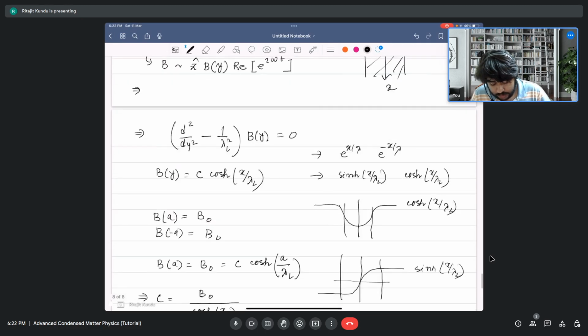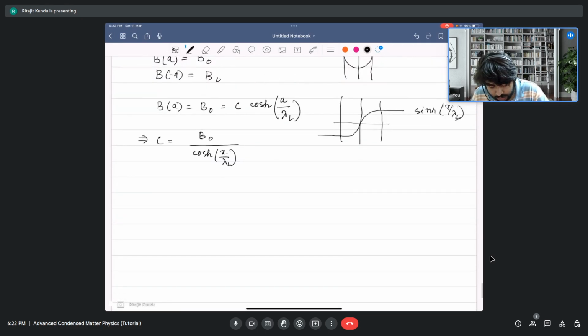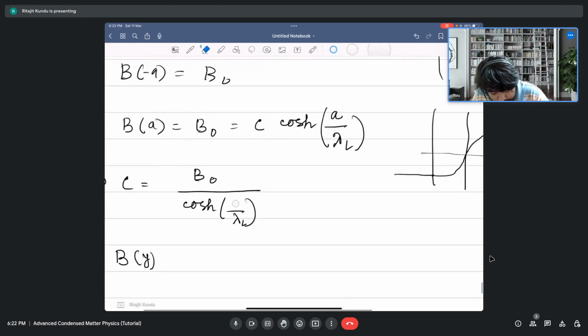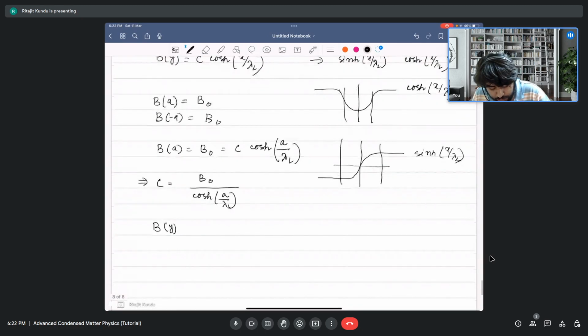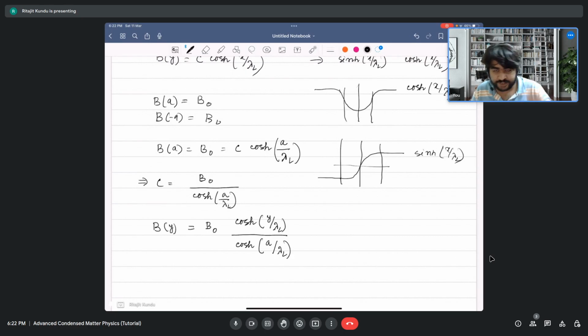All right, so we have now obtained the solution. B of y will be given by B naught times cosine hyperbolic y by lambda L divided by cosine hyperbolic a by lambda L. So this is the solution.